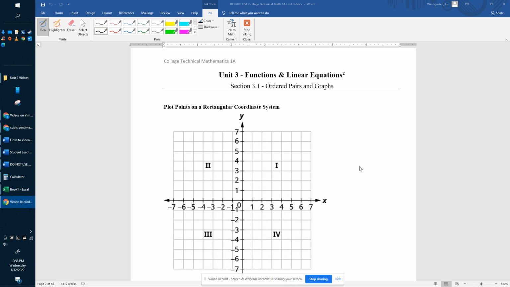Be sure as you are graphing, if you have to graph anything by hand, to label clearly which is your x-axis, which is your y-axis, and number what each of the lines represents. Because there are going to be times where you may want each line to represent 10, 5, 100, depending on what it is exactly you're graphing.